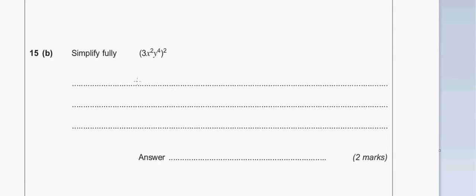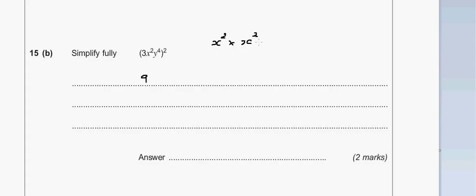Part B, simplify fully. So everything in this bracket is being squared. So remember, the number has to be squared. So 3 squared is 9. Now x squared, and it's being squared again. So that's the same as x squared multiplied by x squared.